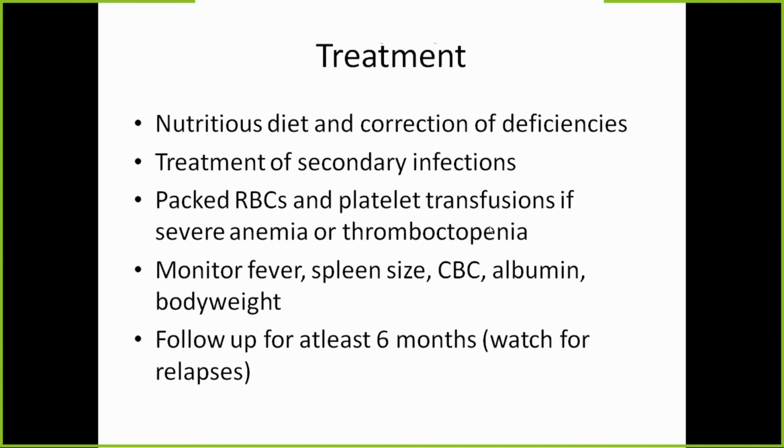Then we have to monitor fever, spleen size, complete blood count, albumin, and body weight, because as the patient recovers, fever decreases, spleen size decreases, cytopenia improves, albumin level increases, and body weight improves, right? And we have to follow up for at least 6 months because there can be relapses, so we have to watch for relapses.